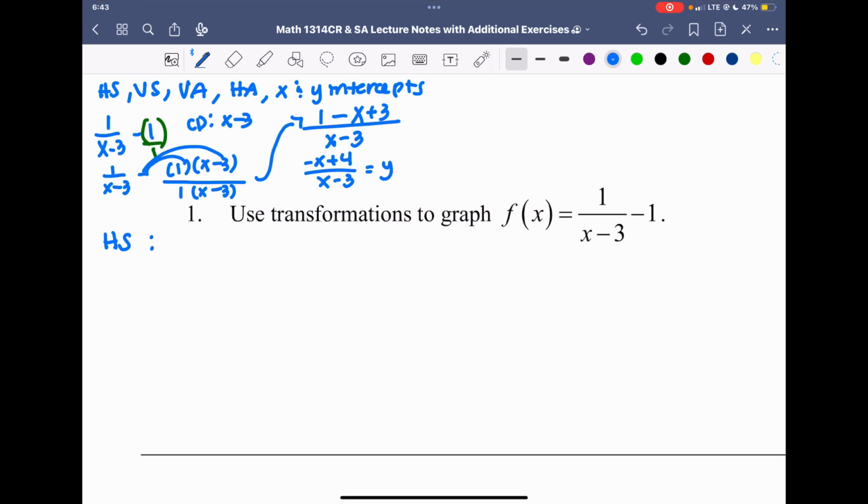You look at the denominator, so it's x minus 3. So it becomes the opposite. So this is right 3. It's this part we're looking at here. And then you have the vertical shift. Vertical shift, at this point, you don't have anything happening to move it up or down. So that's pretty good.